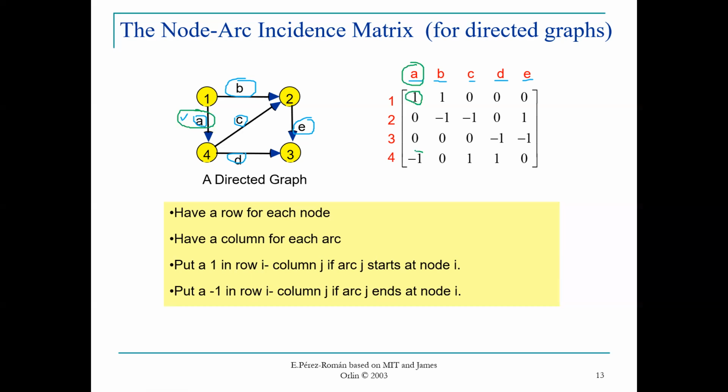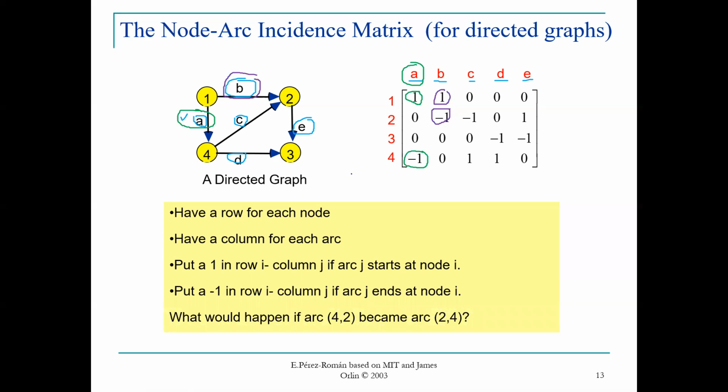So in this case, that will be here in node 4. Let's look at another one. If I look at B, B starts in 1 and ends in 2. And so on. So we use -1, +1, depending on whether it ends or starts on a specific node.